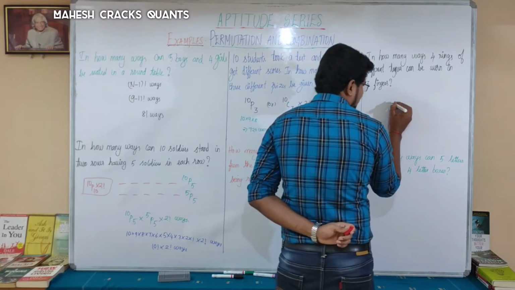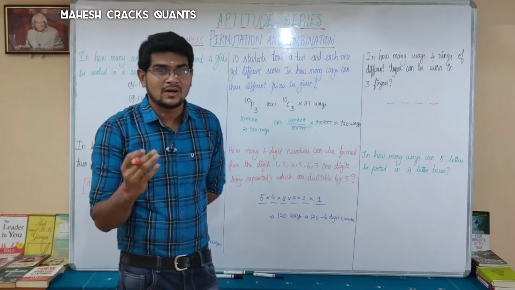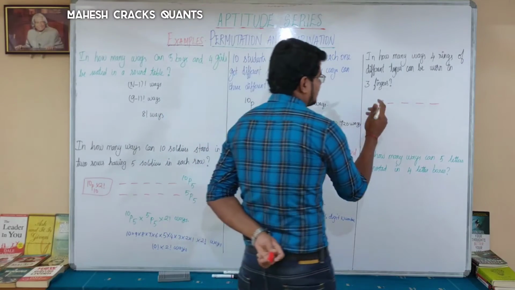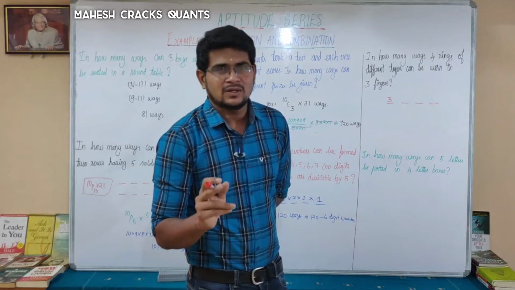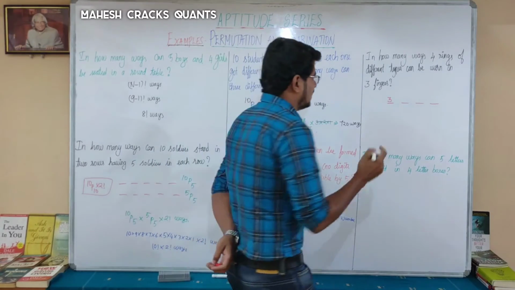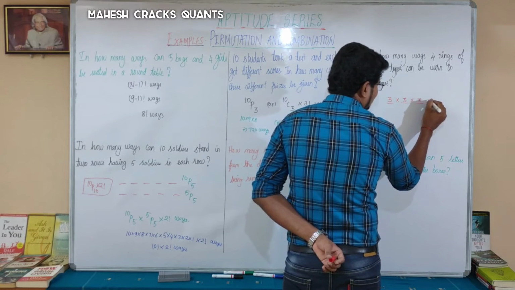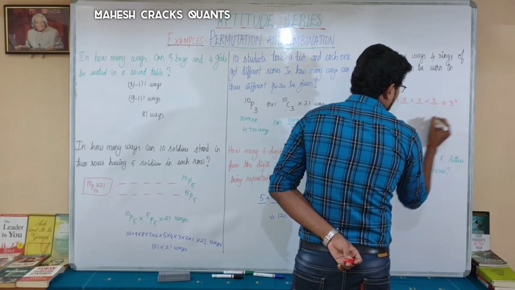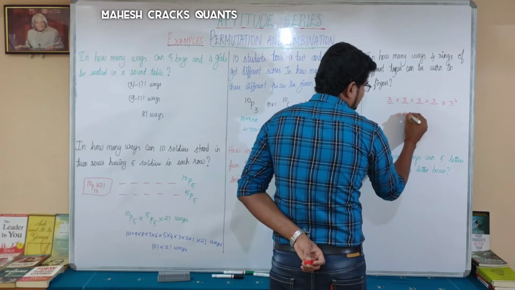You have to take the movable object, so I am taking the 4 rings. What is the choice for the first ring? I have 3 choices, because I can wear it on any one of these fingers. And then 3 choices for the second ring, 3 for the third ring, and 3 for the fourth ring. So the answer is 3 power 4, which is 3 into 3 is 9, 9 into 9 is 81 ways.